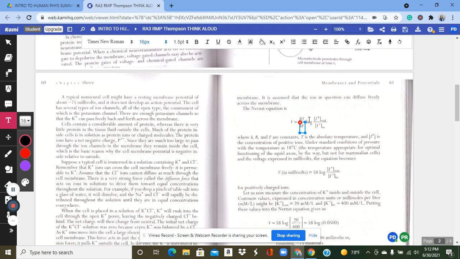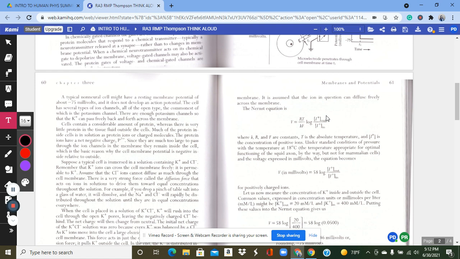Okay, so F is the Faraday's constant, and I believe it was equal to 96,485. It's around that number. I'm just going to check later. It's coulombs per mole. I think that was the unit.